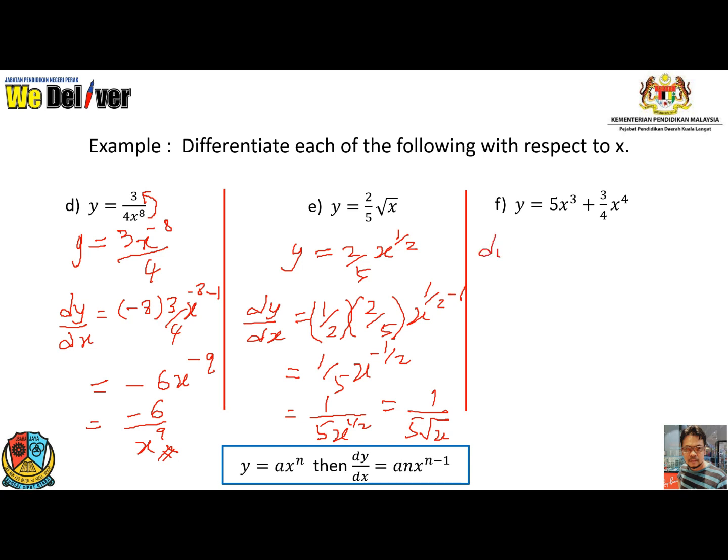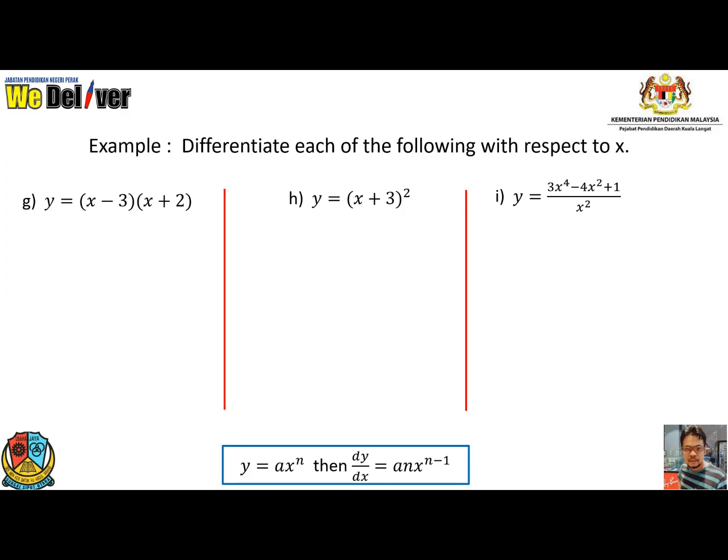That means dy dx equals, first differentiate 5x cubed, 3 bring in front, 5x to the power of 3 minus 1, plus this one, 4 bring in front times 3 over 4 x to the power of 4 minus 1. And then simplify, you get 15x squared plus 3x to the power of 3.